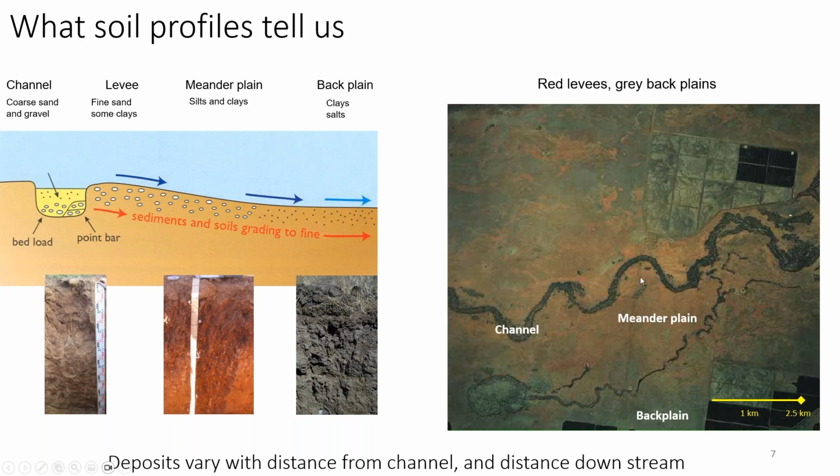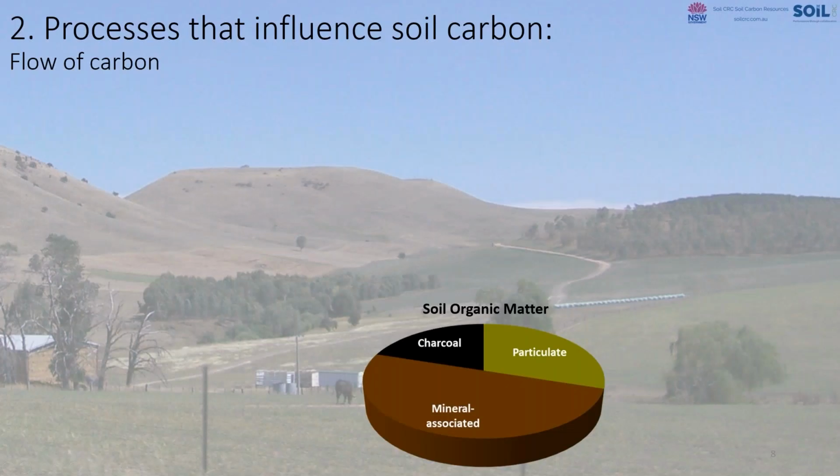Again, we can see in this picture on the right-hand side here how those changes happen away from the channel. And we've got little island relics of previous building of this landscape. So lots of changes can happen. So that's some context about how to interpret numbers and how you can look at your data.